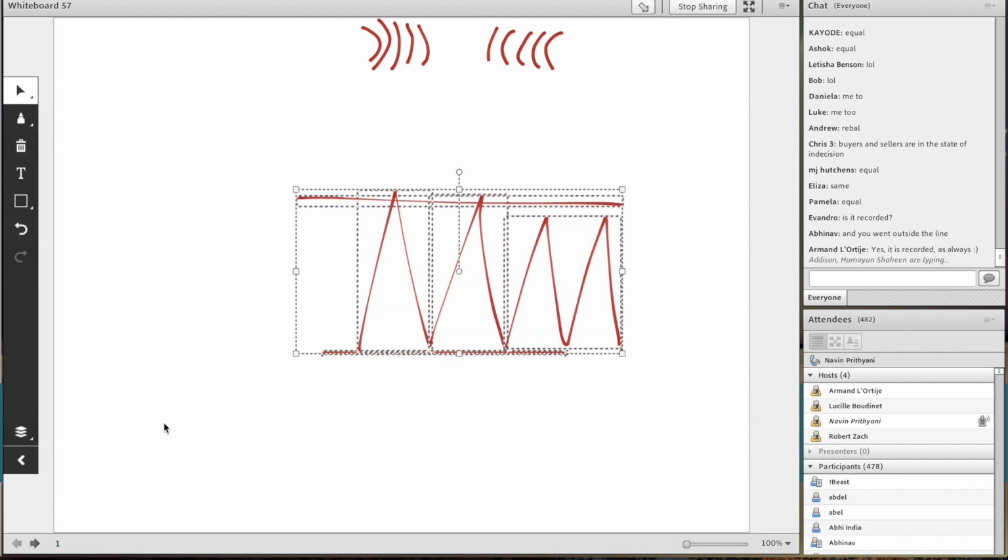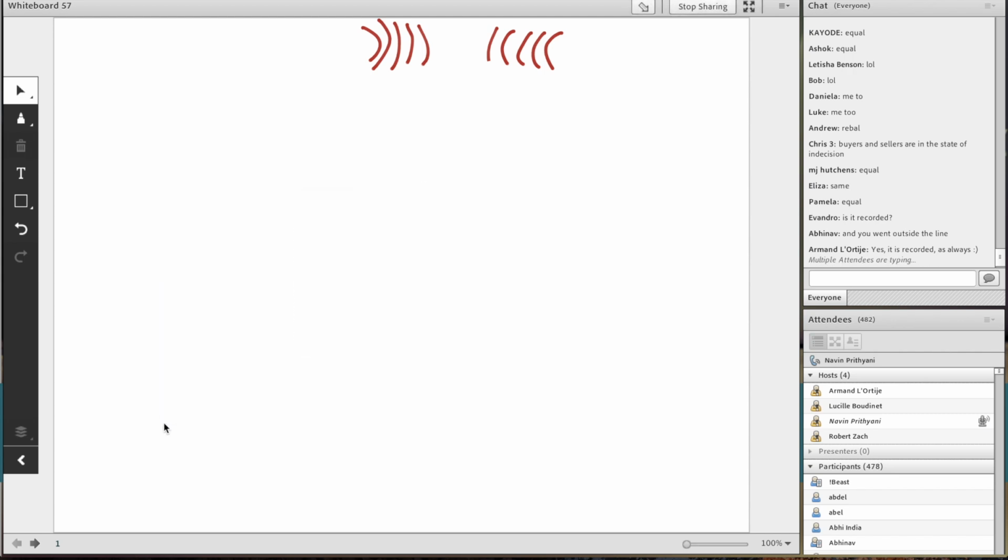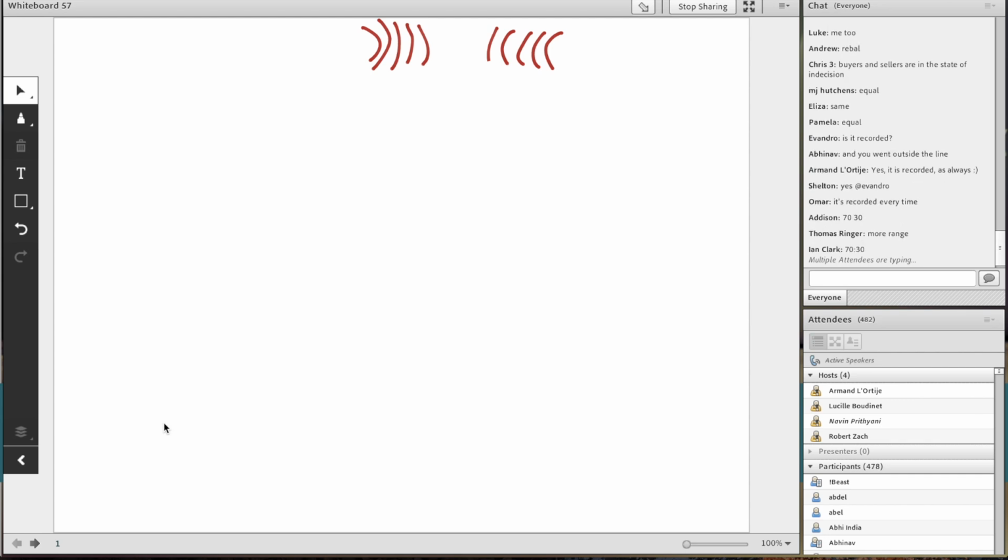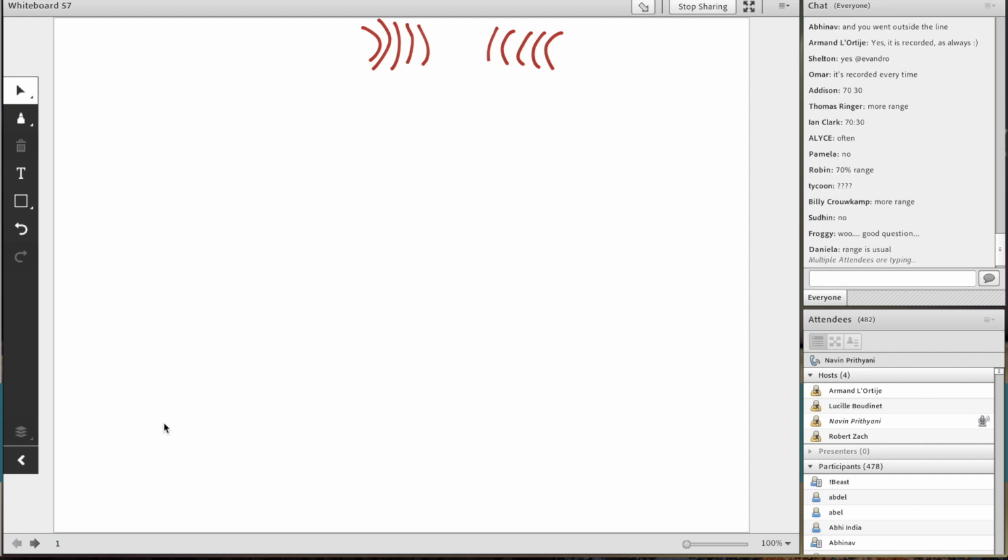Now, how many times does the market go into a range? How many times does the market go into a trend? Anyone know that information? Now, some of you guys are saying 70-30. 70 is what?